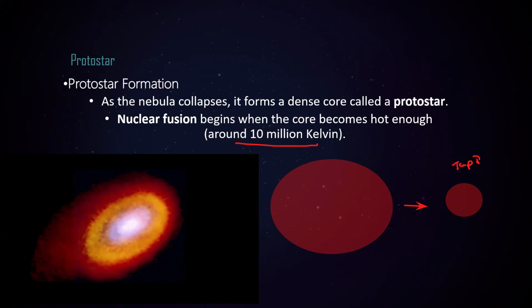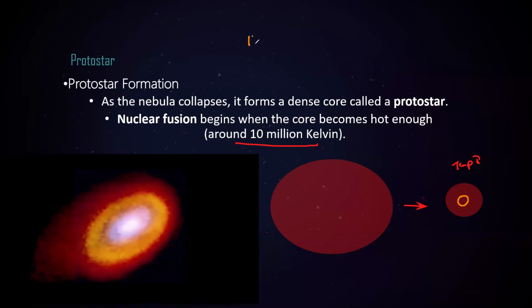Now as the interstellar cloud comes closer together and the size decreases, what we call a protostar. Protostar refers to the first stage of the star. And as a result, when the temperature starts to increase, fusion starts in the core.